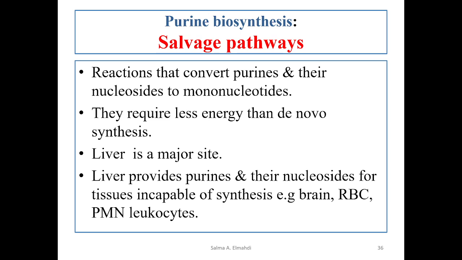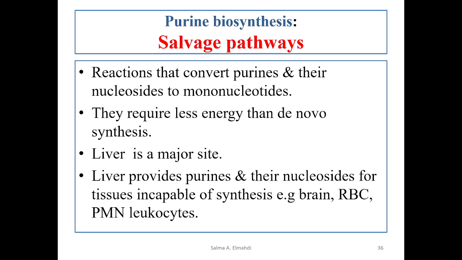Salvage pathways are reactions that convert purines and their nucleosides to mononucleotides, and they require less energy than the de novo synthesis. So, if the body needs a mononucleotide or a nucleoside, it doesn't have to start from the anabolic intermediates from the very beginning, then going through the 11 reactions to reach IMP and then to synthesize AMP or GMP.